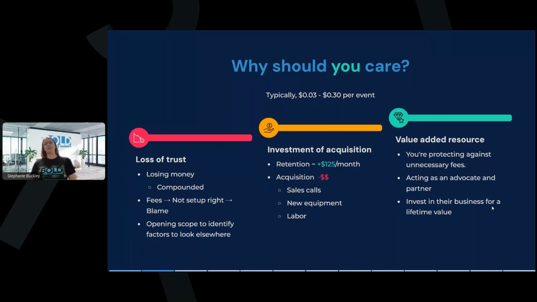And although 3 cents per event is not that big of a deal, if something is actually incorrectly set up with their system, you can have over 100 or 200 of those events, which now brings the total to, let's say, $3 or $12. And let's say you don't catch it the first month that they get these fees.